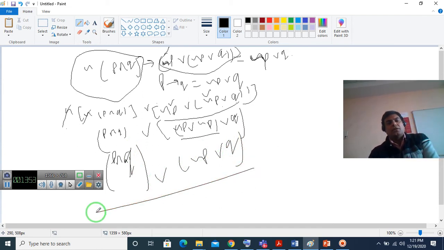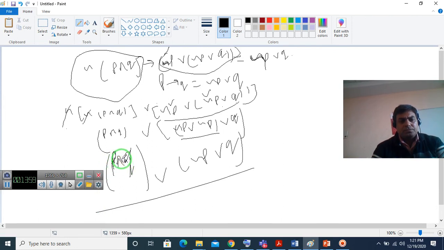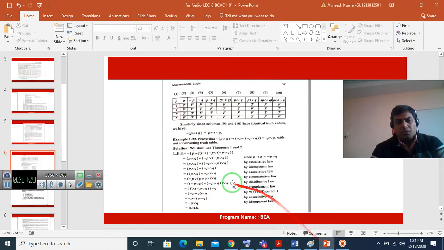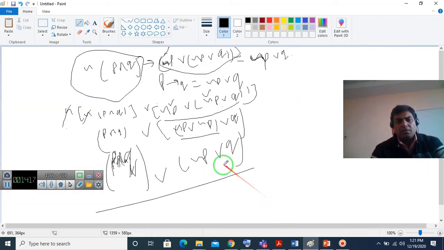Here we can check p conditional q, here p conditional q disjunction, negation p or conjunction with q. We have solved up to here.